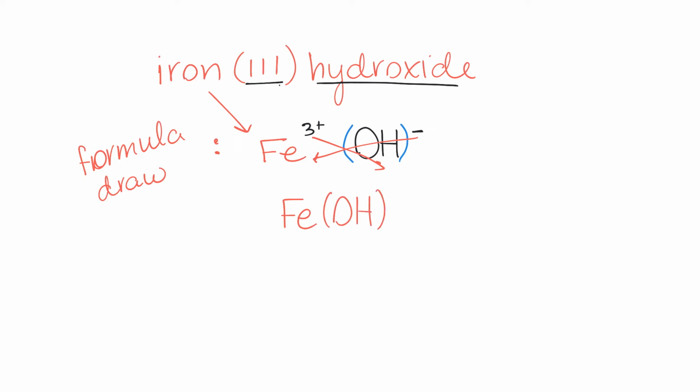I'm going to put a bracket around my OH in my final answer with the 3 as a subscript to show that there's 3 full OHs. Because if I wrote it without brackets, then the 3 would only be on the H. But I want the 3 to be for the entire OH, so I have to use brackets.